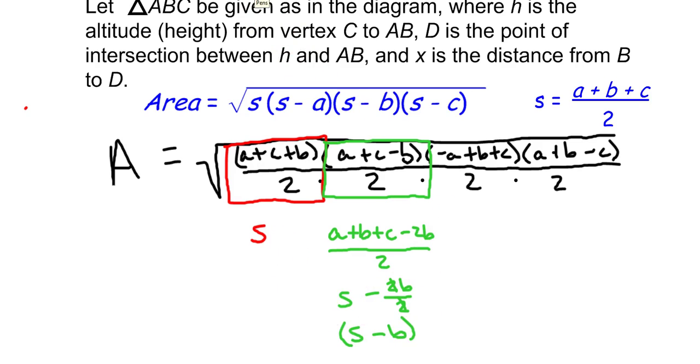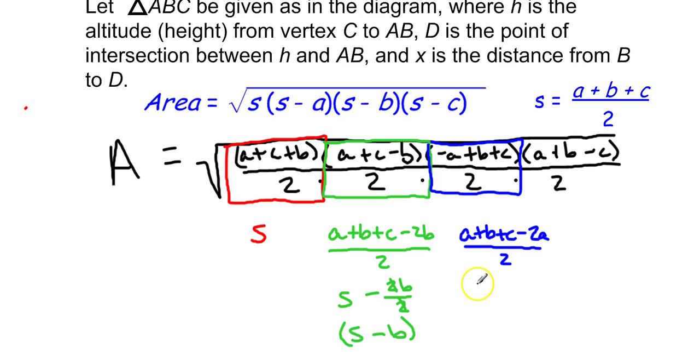Now I'll work on the next couple here in a very similar fashion. Here I've got a negative A, so I got to turn this into an S minus A. Well, I know I need to get an S out of it, so A plus B plus C is going to be S. But again, we need to keep it equivalent, so I need to subtract out a 2A.